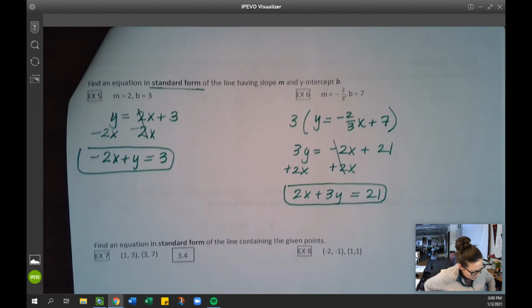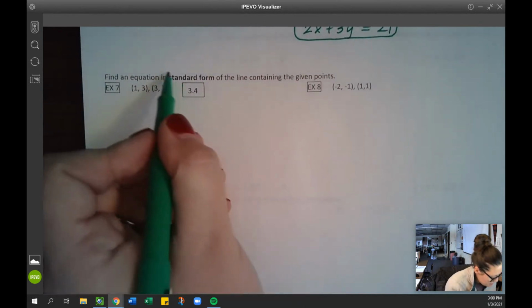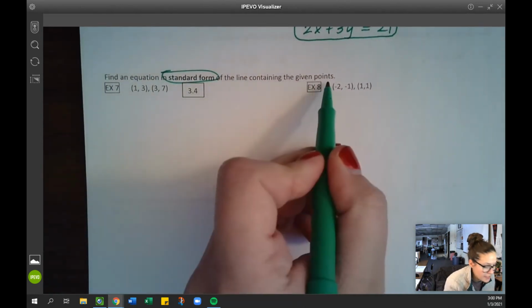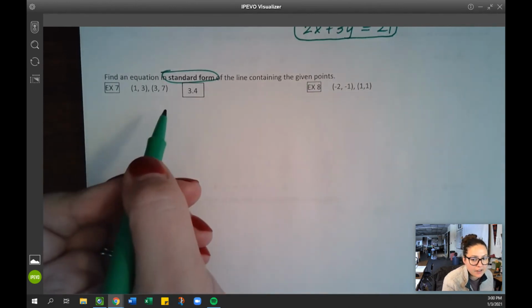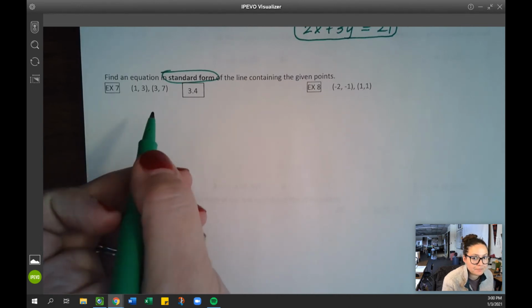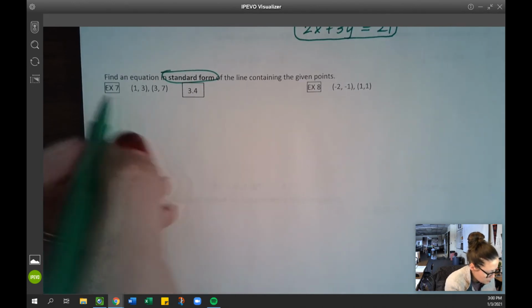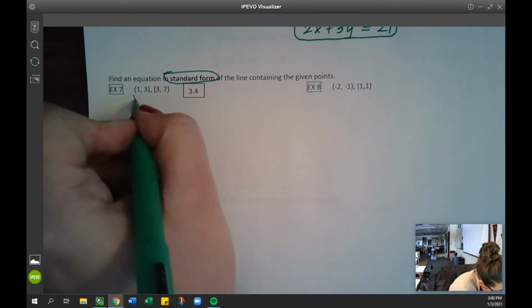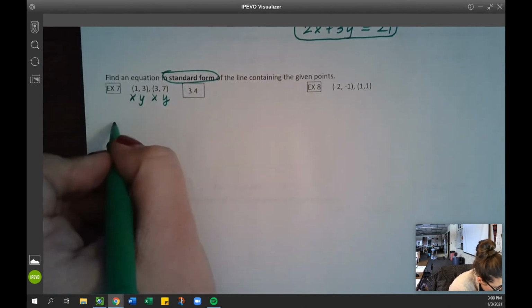All right, last couple of examples here. Find an equation in standard form of the line containing the given points. Okay, so in this case, they haven't given us slope or y-intercept. So we're going to have to figure out what the slope is first. So slope, remember we do change in y divided by change in x.